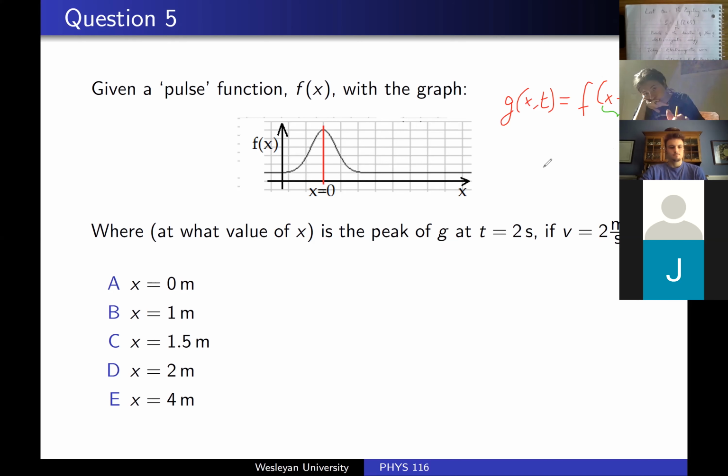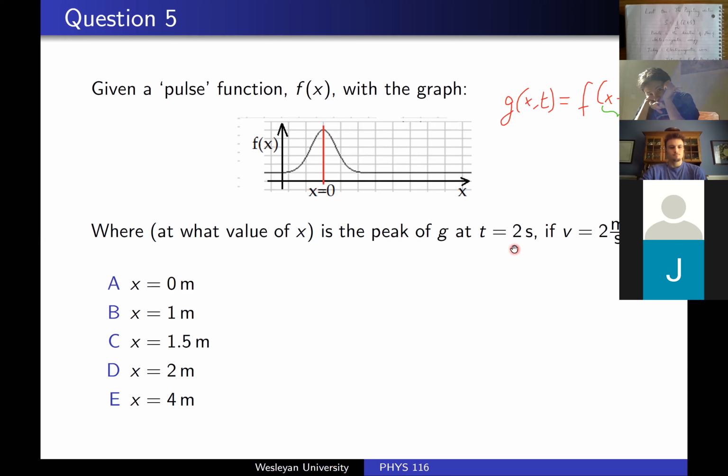As time progresses, the value that x should have in order to make this whole thing 0 will change. What that means is that the pulse is traveling. The peak of that pulse is traveling.